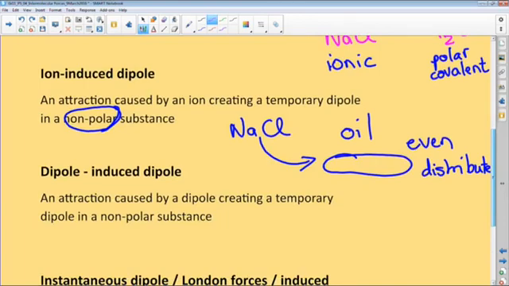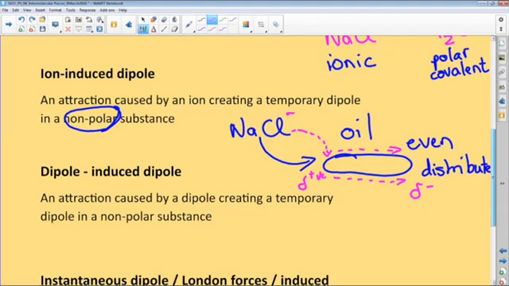Let's say the chlorine comes into contact: because it's negative, it is going to send the electrons towards the back of the molecule, making that side slightly negative and leaving the front slightly positive.